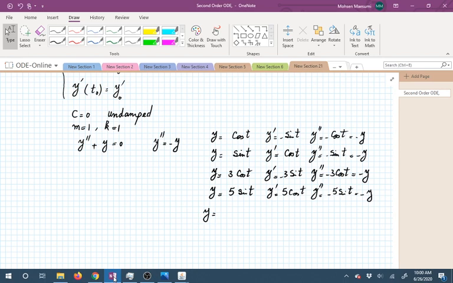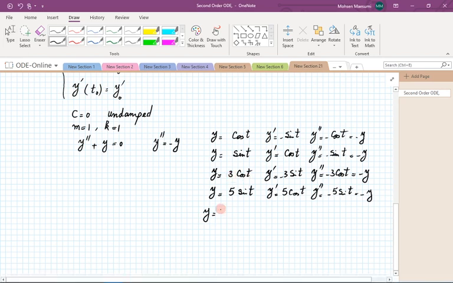Here, mathematically, it means if I add these two solutions, the second derivative is also the sum of these two second derivatives. So it's minus 3 cosine t minus 5 sine t. Yeah, that is magically negative of whatever we had at the beginning.